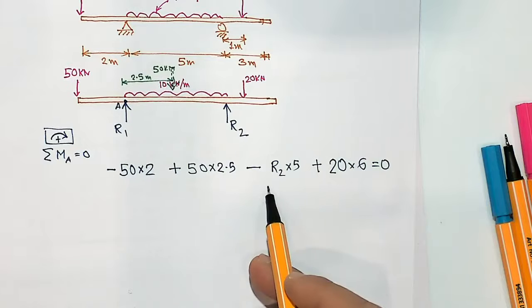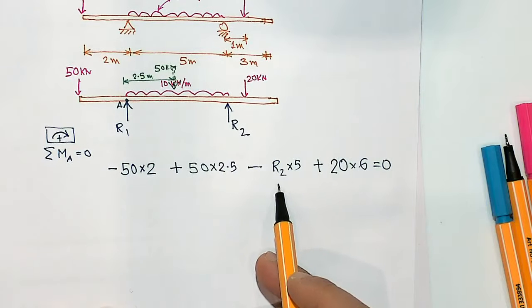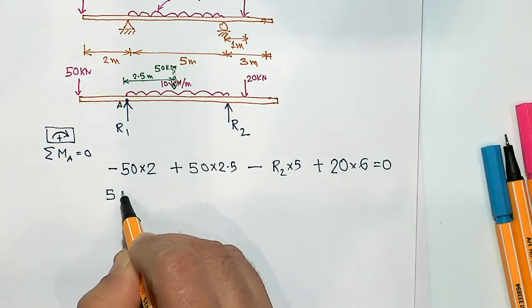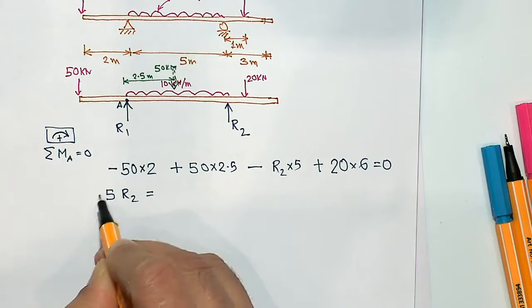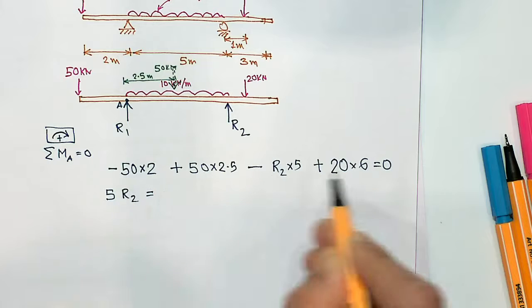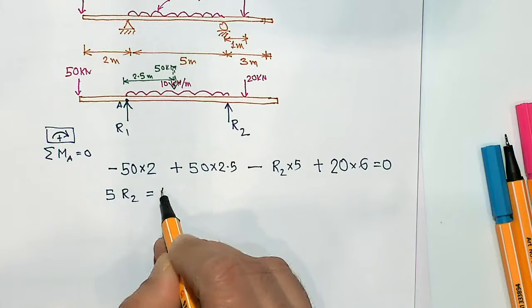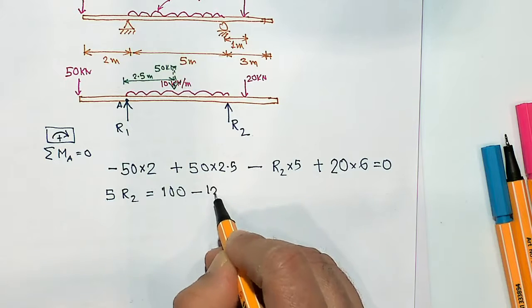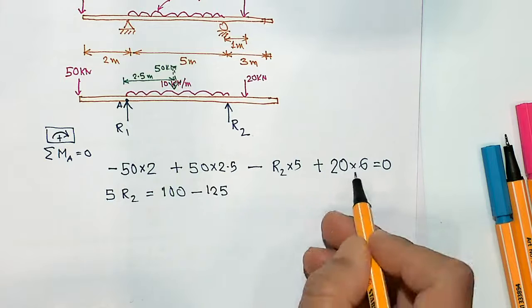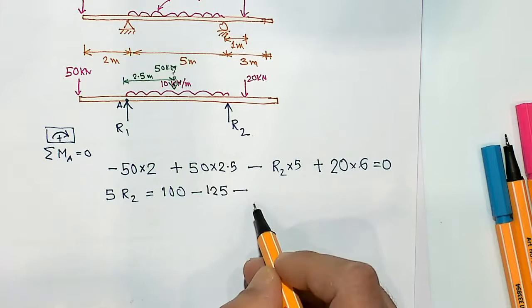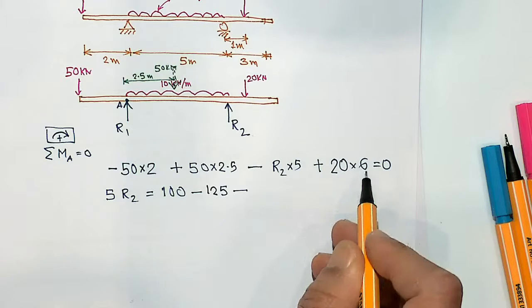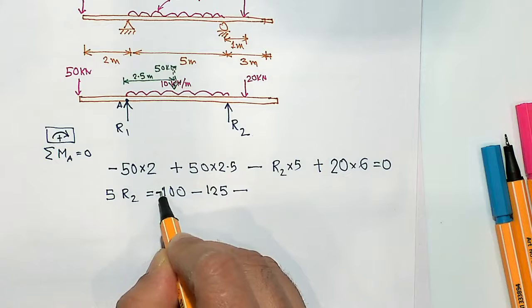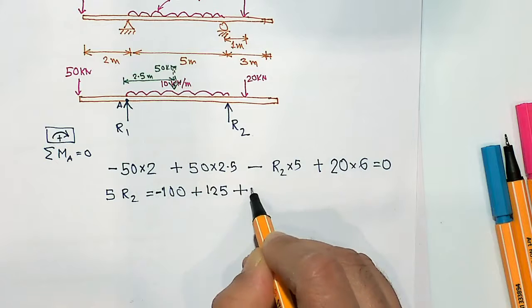So this will give me my R2. If I take it to the other side, R2 times 5 would be 200 minus 125, plus 120.